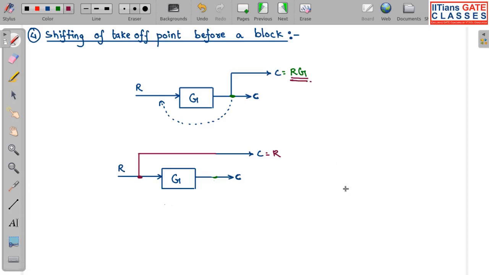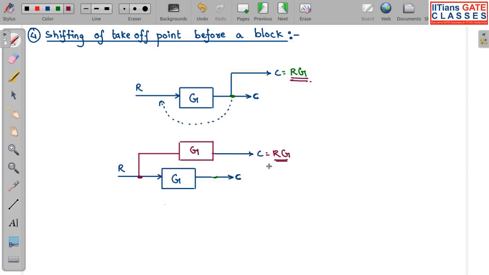See, whenever you shift, you need to keep the output of your takeoff point undisturbed. So what are you going to do? You are simply going to put a block over here that has gain G, so that the output of this takeoff point is the same as before.